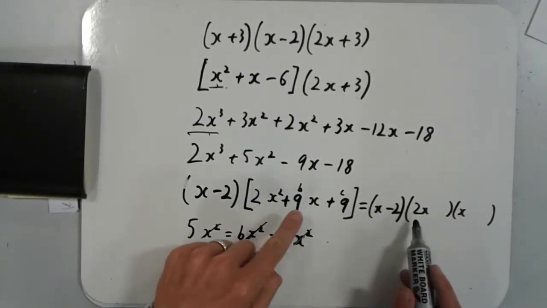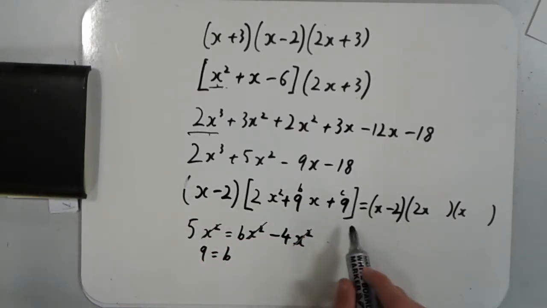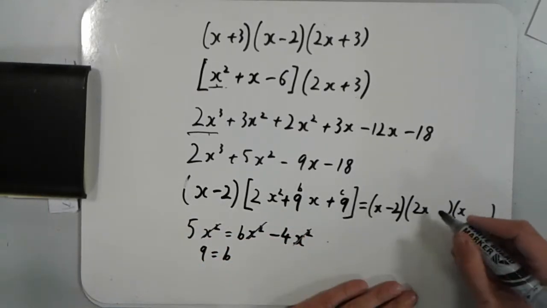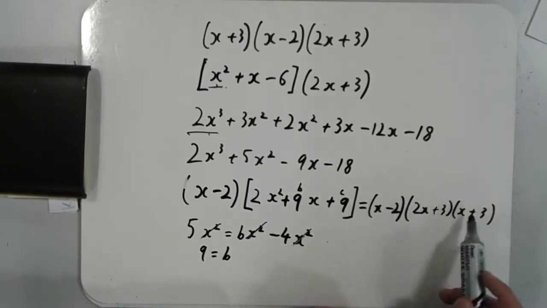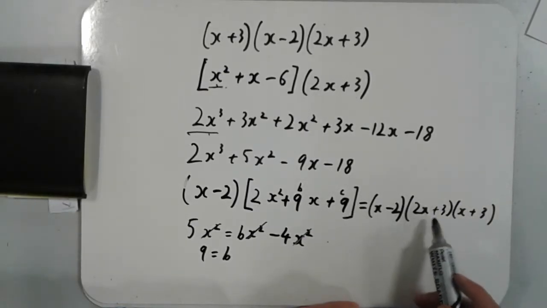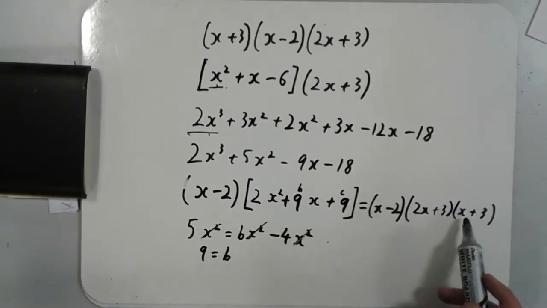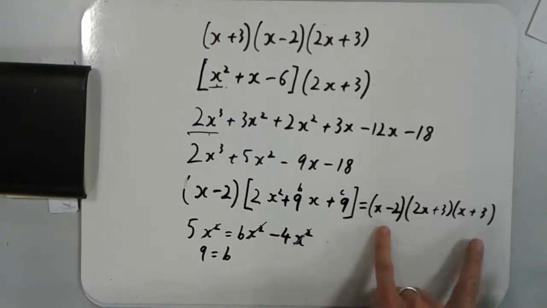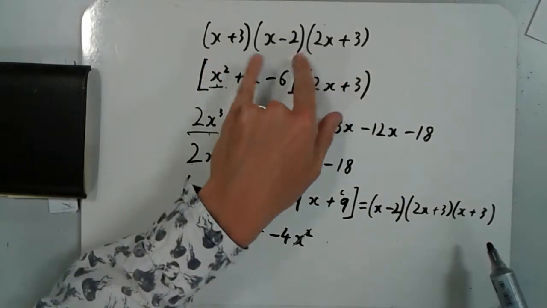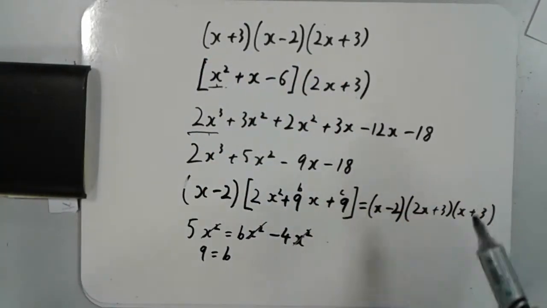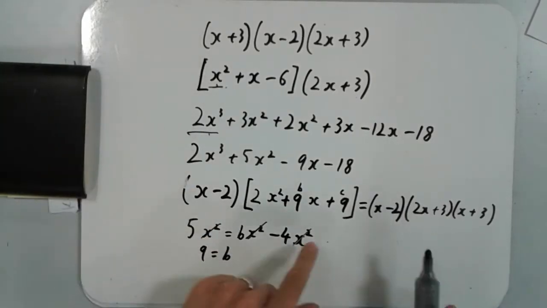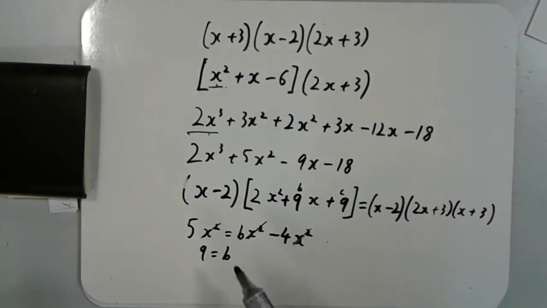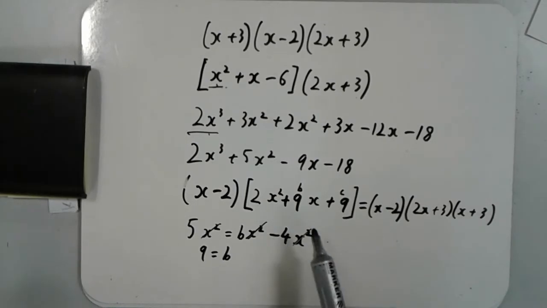One of those multiplied by 2 is not going to give us a 9, so we'll try 3 and 3. They're both positive, so it's probably best just put this one in and check it works. 3 times 2 is 6x, 3 times x is 3x, they do add to give us 9. We've factorised it, and if we look, we've returned to the same factors we had. So if we're told one factor of a cubic, we can find the other factors by using this technique. We call this equating coefficients.